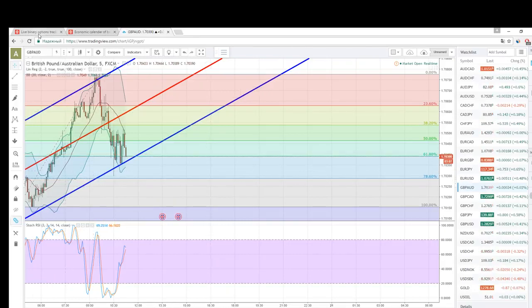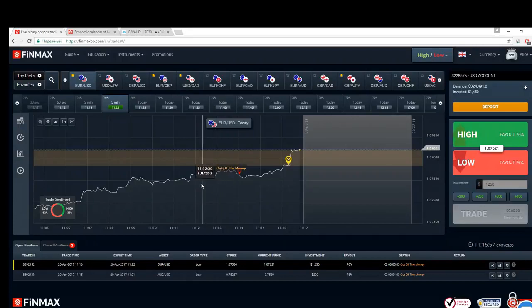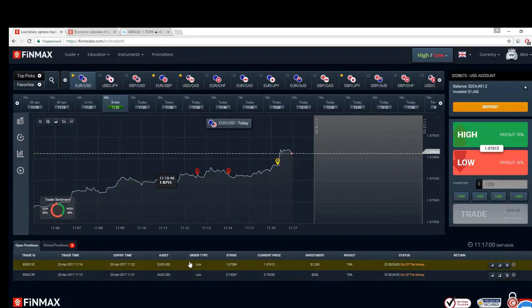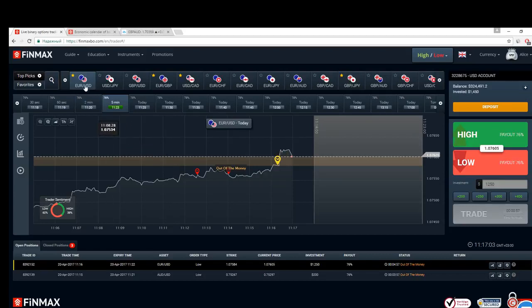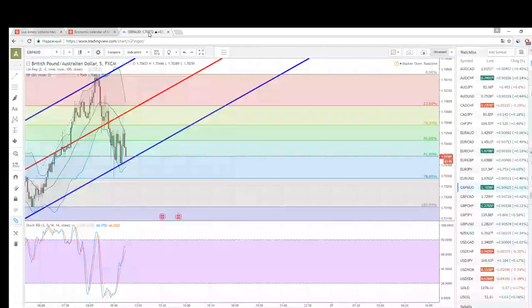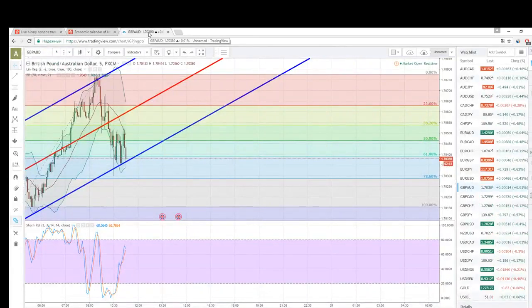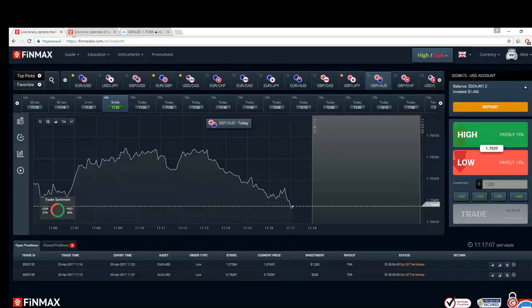British pound to Australian dollar, also interesting. I'm considering opening it for high for 5 minutes.